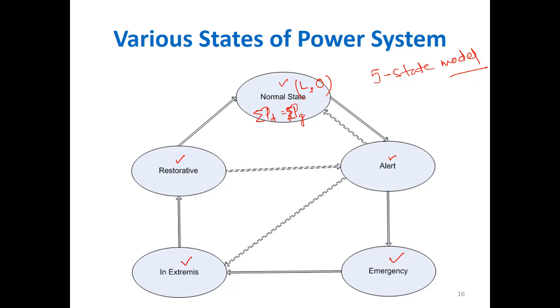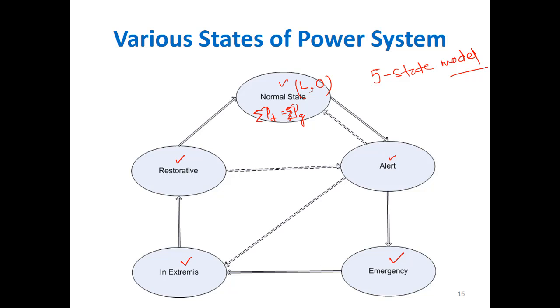As I told, it is very difficult to achieve the normal or steady state in a power system. It is not possible at all, because disturbances continually happen in the system. As soon as some disturbance or contingency takes place, the power system goes to the alert state.